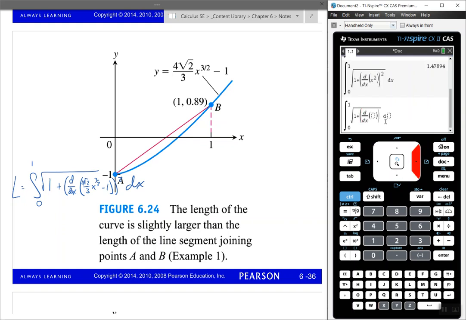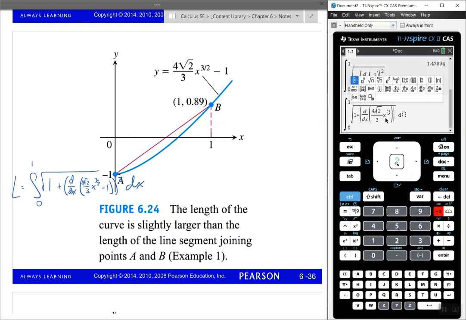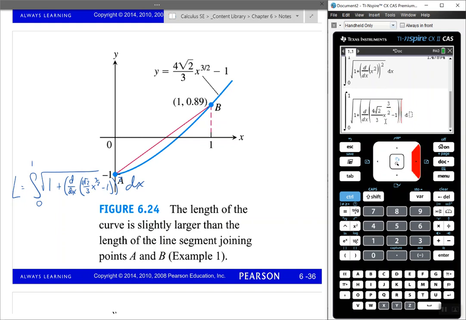Now we're going to plug all of this in. I am going to use the fraction button here just to get a little help. 4 square root 2 over 3, x to the 3 halves, minus 1, quantity squared, and dx.